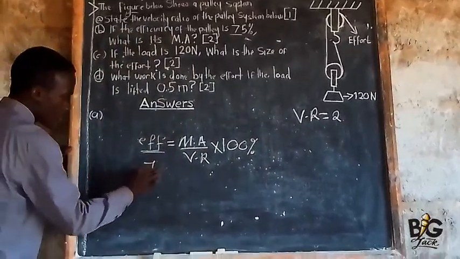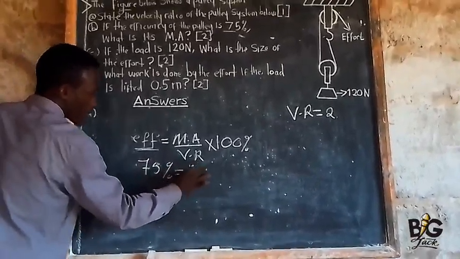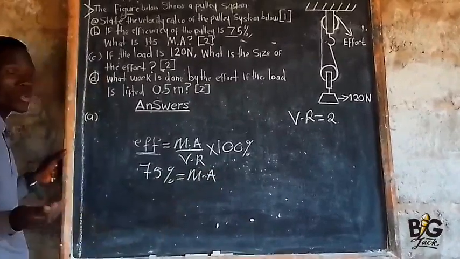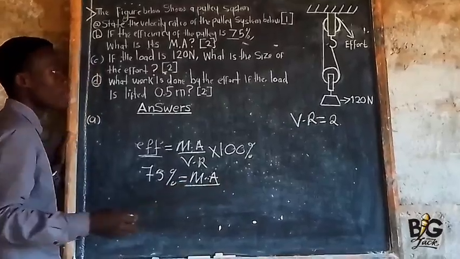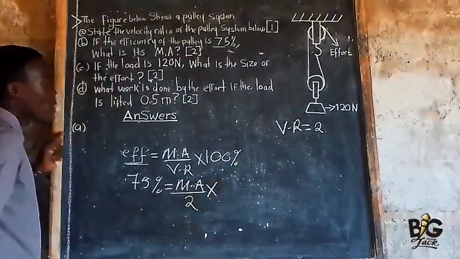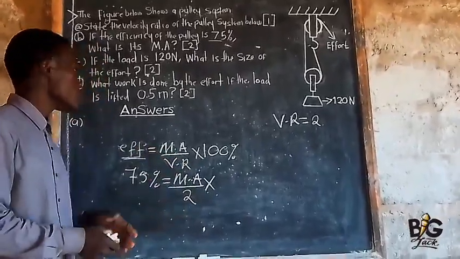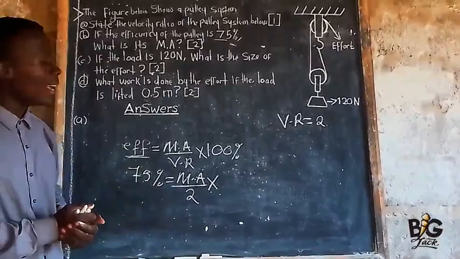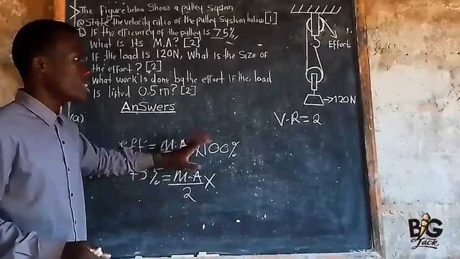So we are going to say 75% is going to be equal to mechanical advantage, which we are looking for, divided by the velocity ratio. So in this case here, the velocity ratio here is 2. So we can say 2 multiplied by, always when you are calculating mechanical advantage using the formula for the efficiency, you need to put 100% because the 100% is from the formula.